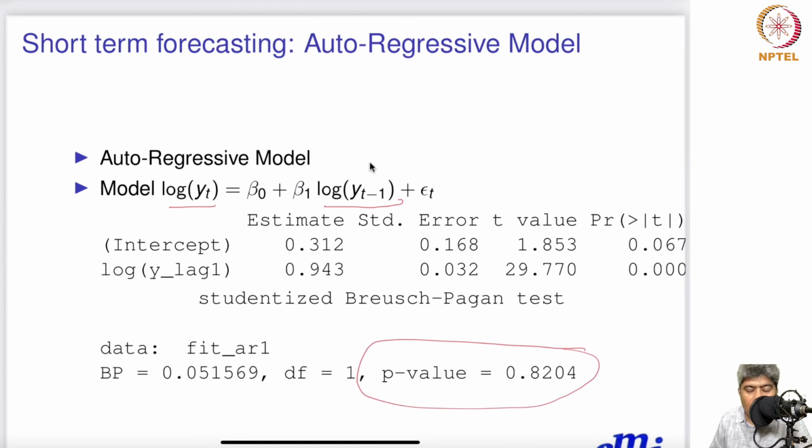So that means it cannot reject the null hypothesis that the residuals are homoscedastic. So the residuals are homoscedastic, that assumption is correct, and this is indeed a good starting point for a lag 1 autoregressive model.